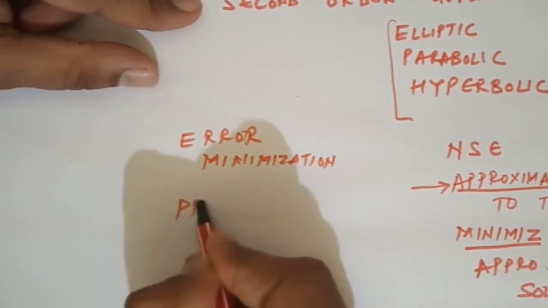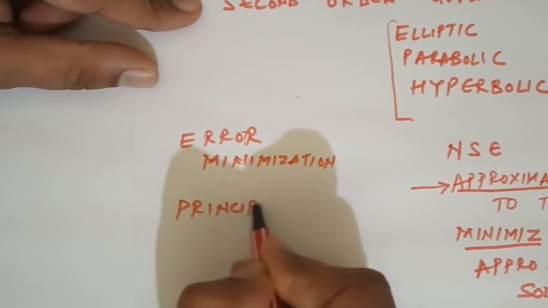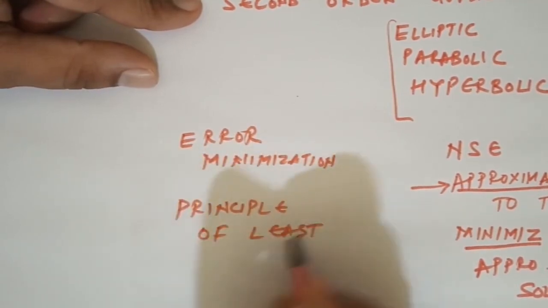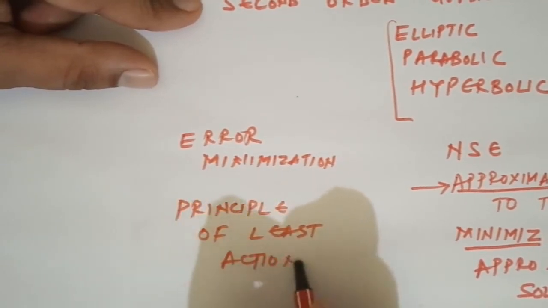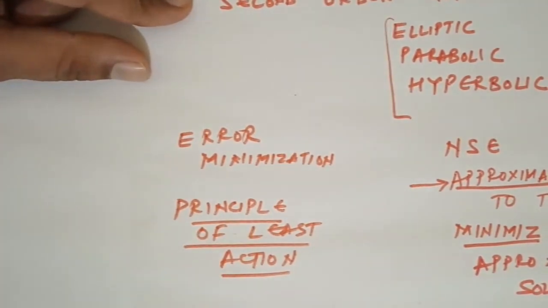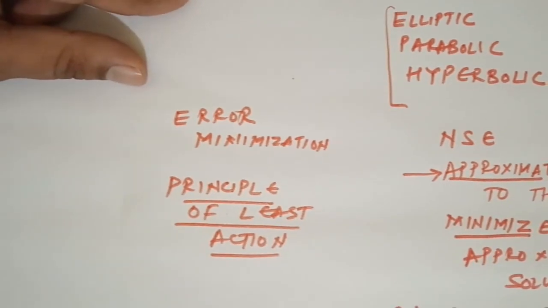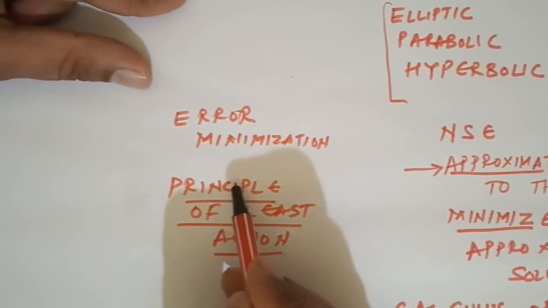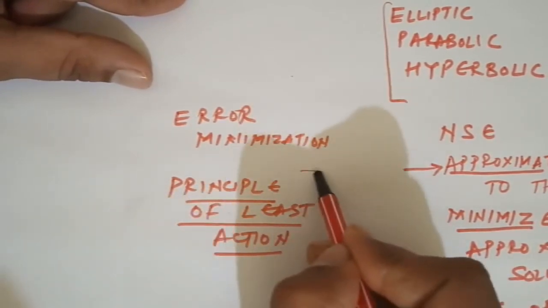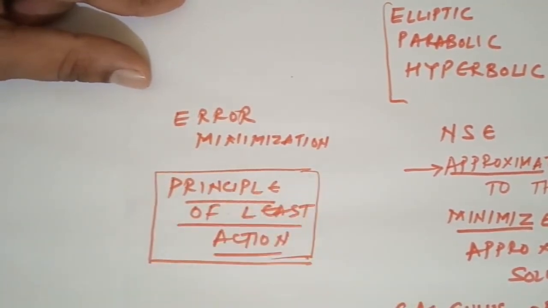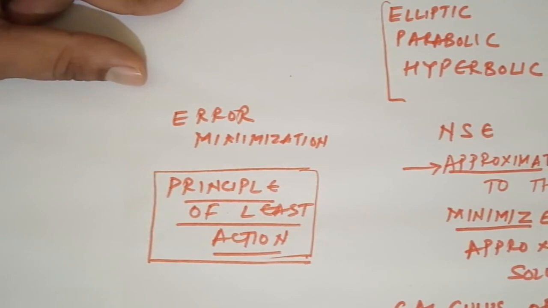So this is the principle of least action. This principle unifies all dynamic laws, whether it is classical mechanics or quantum mechanical systems. The principle of least action states that there is minimization of some action whenever there's a dynamics going on.